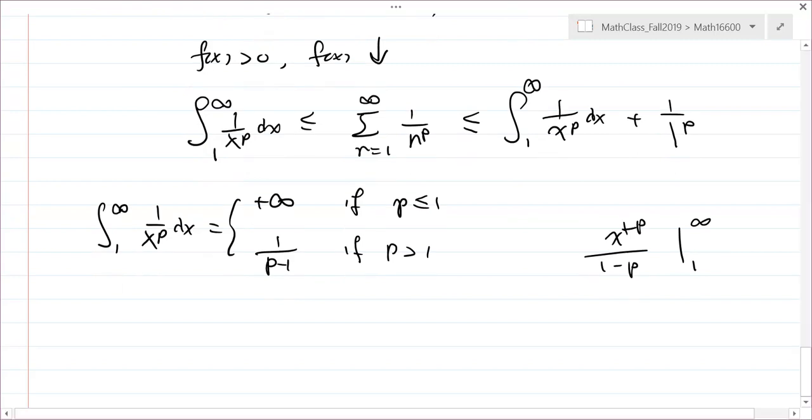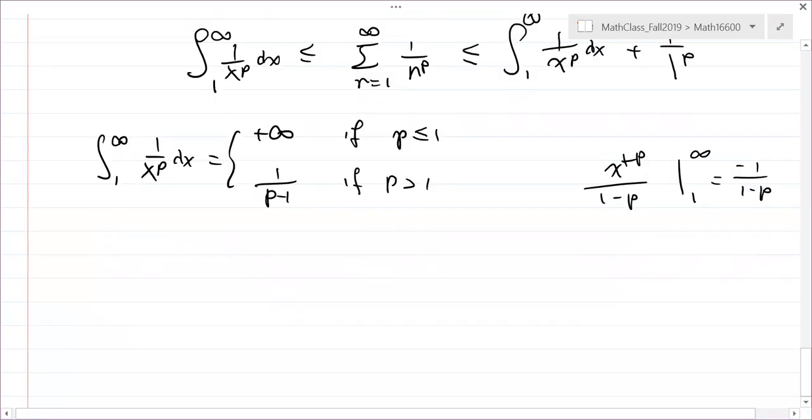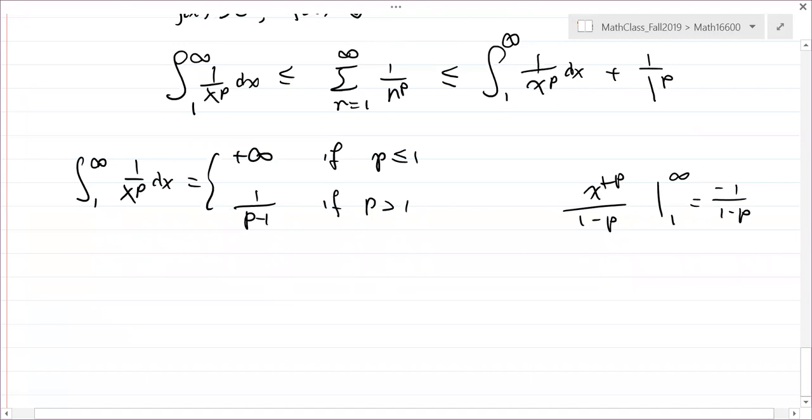So you only get negative 1 over 1 minus p, which is 1 over p minus 1. So this we already know for the integral. So we put it back. If both sides are infinite, then definitely it's infinite.